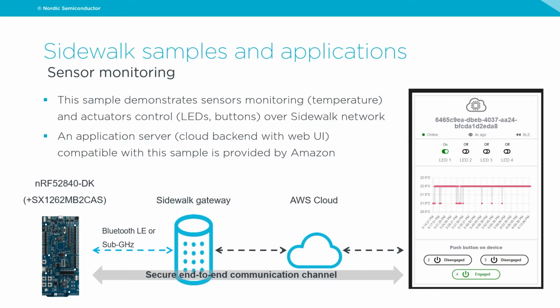So you can send sensor signals directly via Bluetooth or sub-GHz through an Amazon Sidewalk gateway to an AWS cloud. In our case, we use temperature, but obviously you can do what you want. And the application server and cloud backend with Web UI are compatible with the sample that's provided by Amazon.